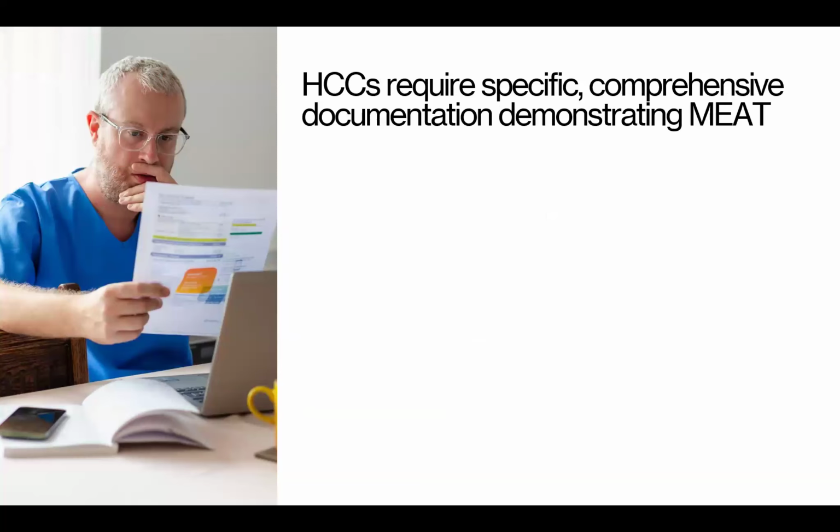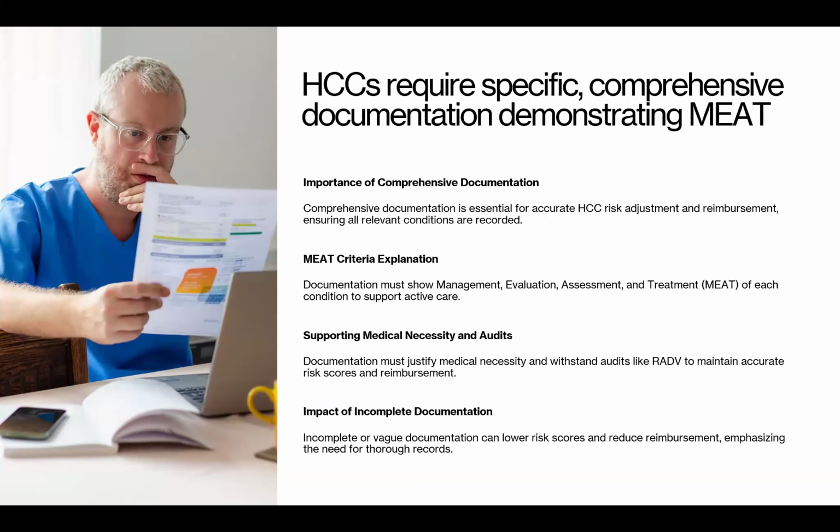And then documentation requirement. We need to manage, evaluate, assess and treat everything that's going to add to the risk score. We can't just drag things in like you can on an Epic electronic health record and just mention it, copy and paste something in, and expect that to work. We actually have to be addressing that.